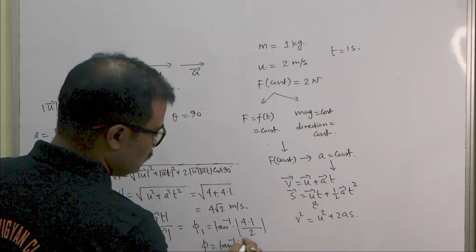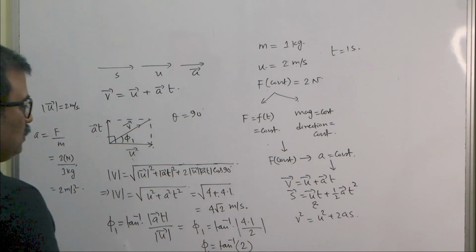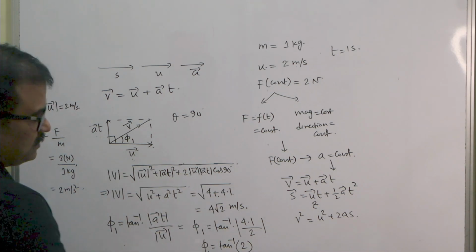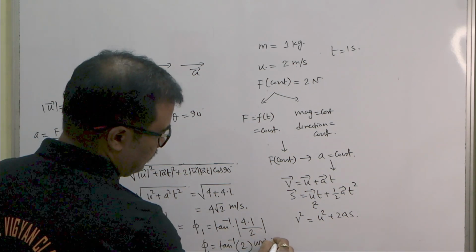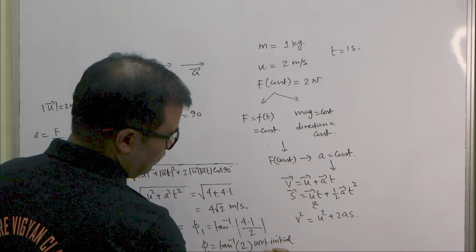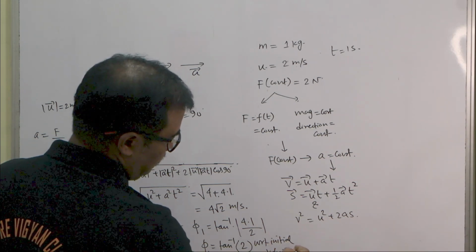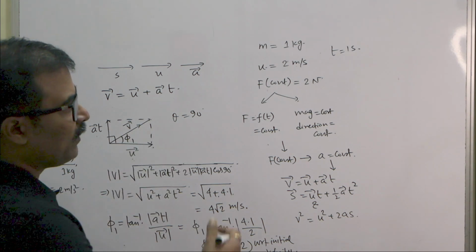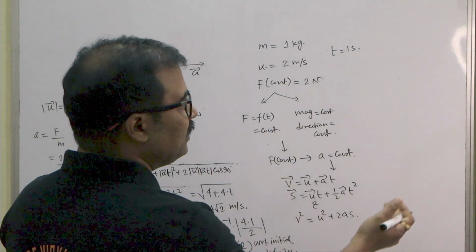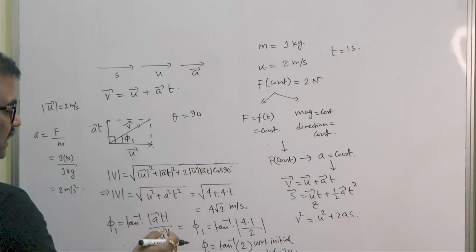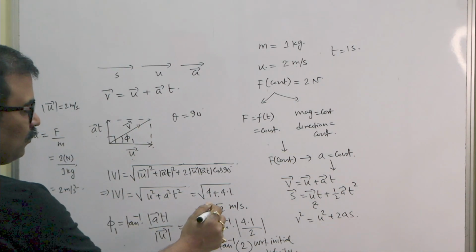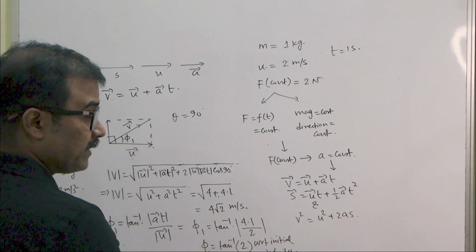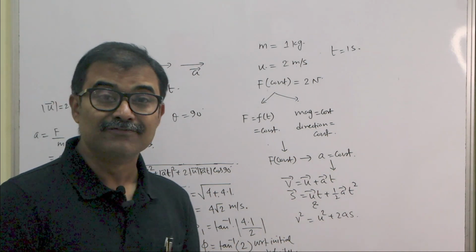Tan inverse 2 with respect to the initial velocity. That's the velocity. So we find the velocity at the end of 1 second. What is that? Root 8 meter per second, with respect to the initial velocity at tan inverse 2.